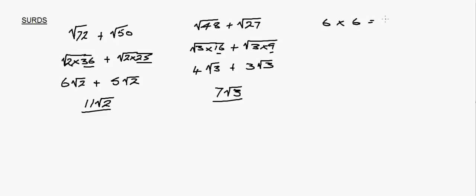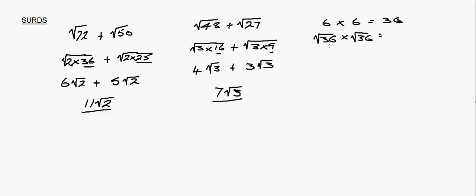I know 6 times 6 is 36. Now 6 can be written as the root of 36, because the root of 36 is 6, multiplied by, now this again would be root 36, because the root of 36 is 6.